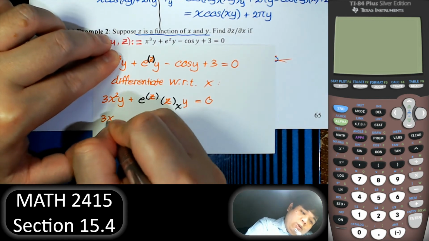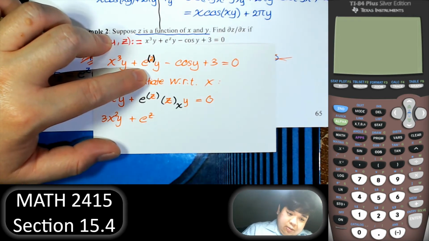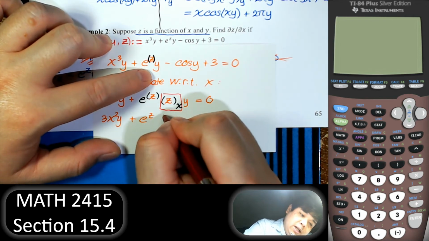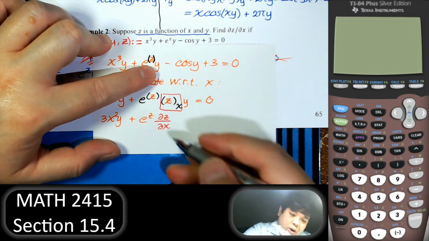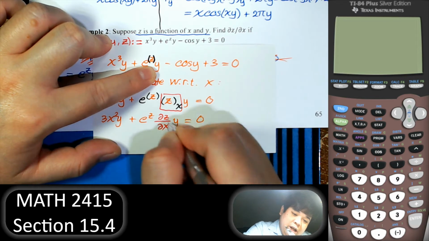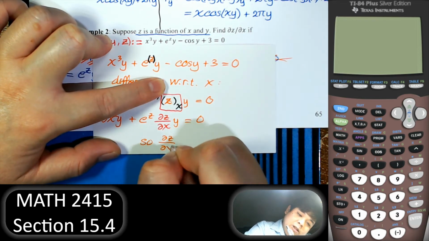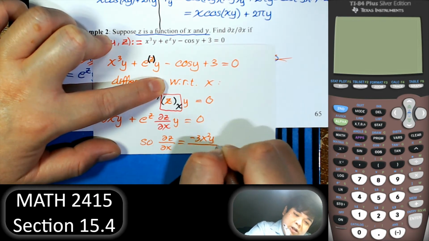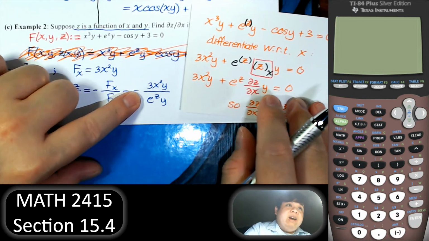So I have 3x squared y plus e to the z times the derivative of z with respect to x, times y, equal to 0, and then we solve for that. Move that to the other side and then divide, which is exactly what we have here.